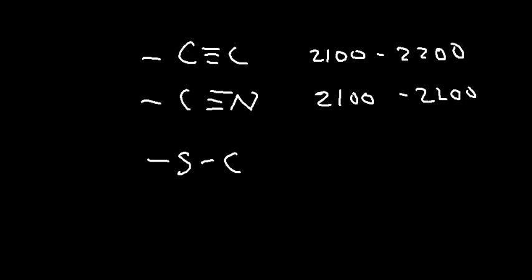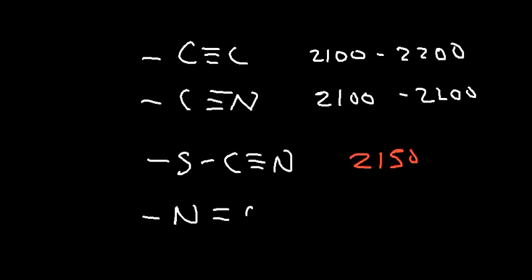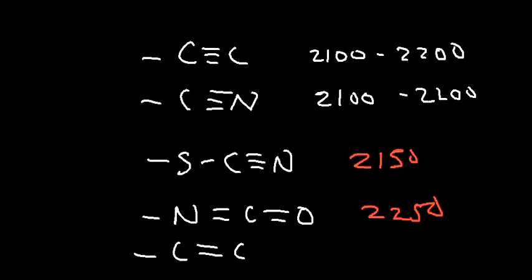One of them would be a thiocyanate group, which is this. That's around 2150. Another example is the isocyanate group, which is 2250, and an allene, which is actually a little bit less, like 1950.